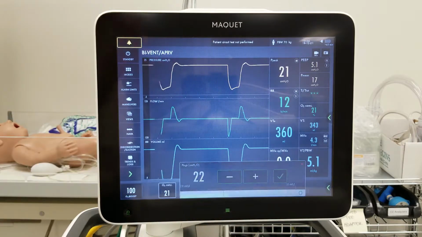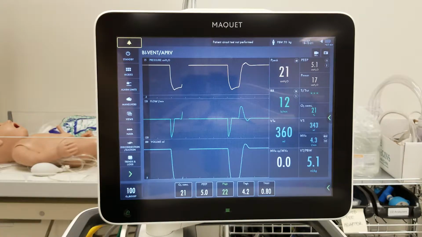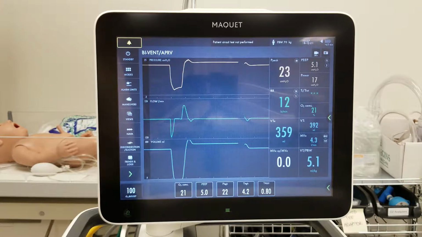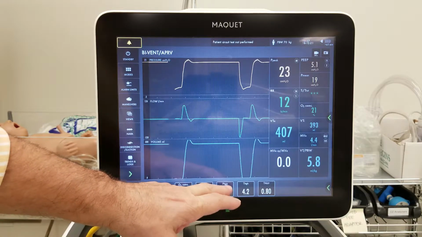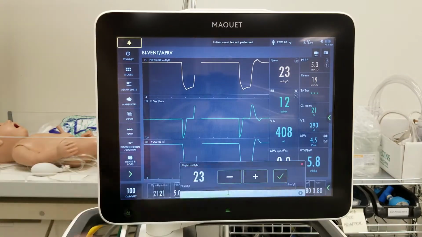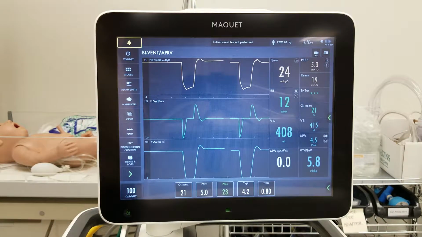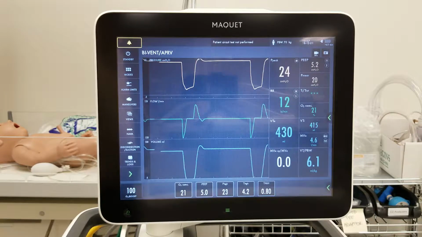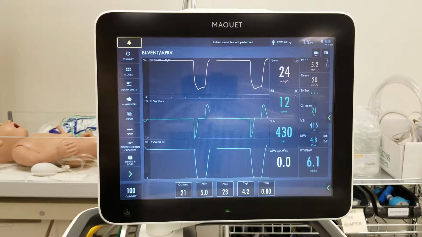So let's try it at 22 and see if that's enough to get us up to 6 mils per kg. Yeah, 5.8. Let's try one more. It might overshoot slightly, but... Okay, so then we have to decide, are we happier with 5.8 mils per kg or 6.1? They're both close, and make a determination, and that's where we'll go.